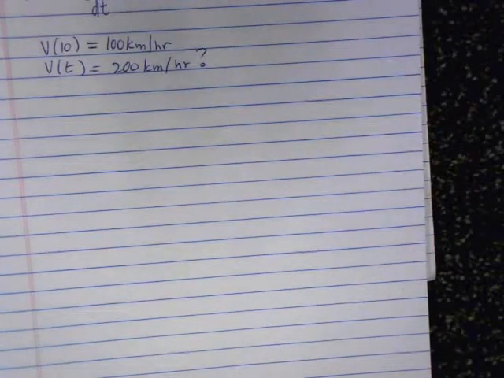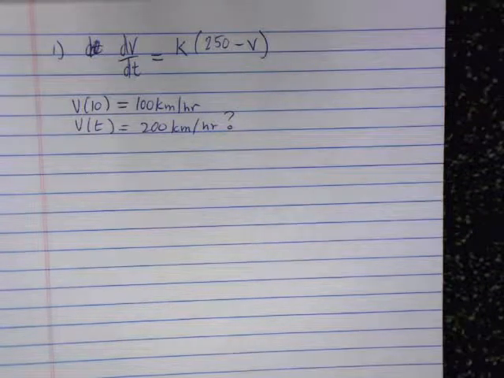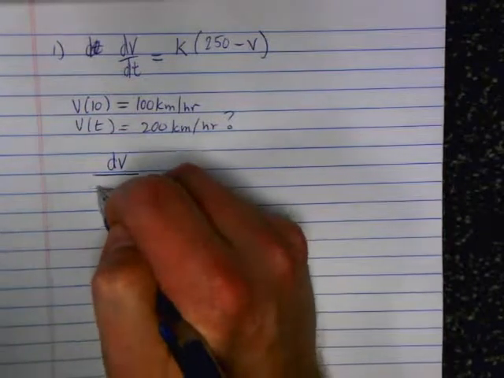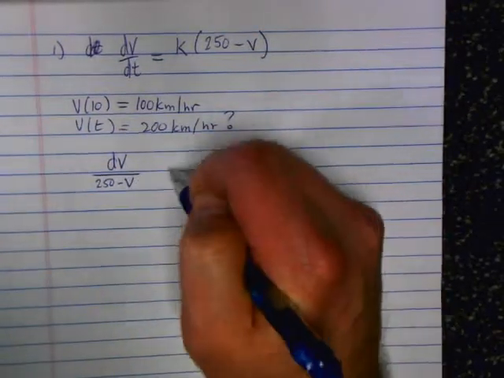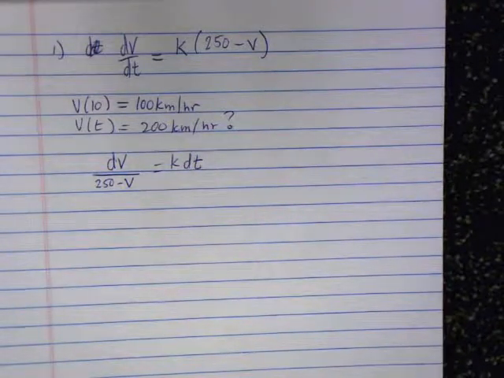Okay, how do you solve that differential equation? What kind of equation is that? That is separable. It's also linear, but I think I'll solve it as separable. dv over 250 minus v equals k dt. Integrate both sides.